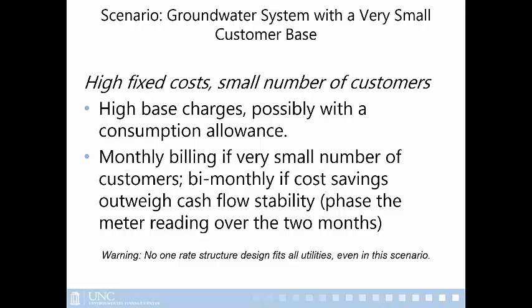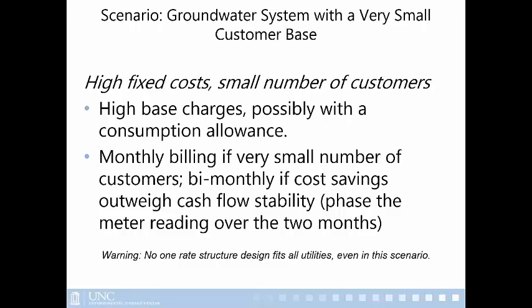Because you have high fixed costs and a small number of customers, high base charges typically are better for a groundwater system in this condition, because you need to generate stable revenues to pay off your short-term fixed costs.